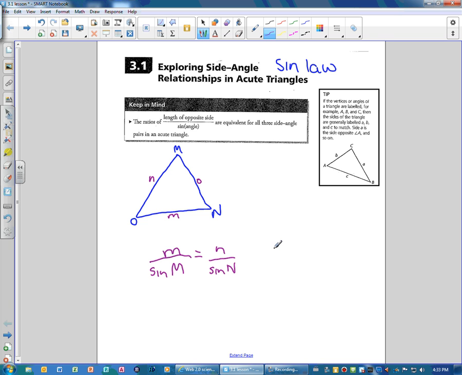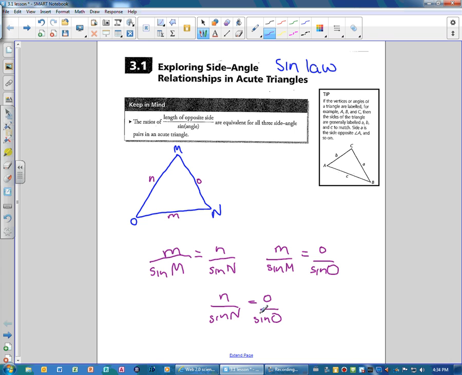I could say that m over the sine of M is the same as o over the sine of O, because they're all in the same triangle. And then I could also say that n over the sine of N is the same as o over the sine of O.